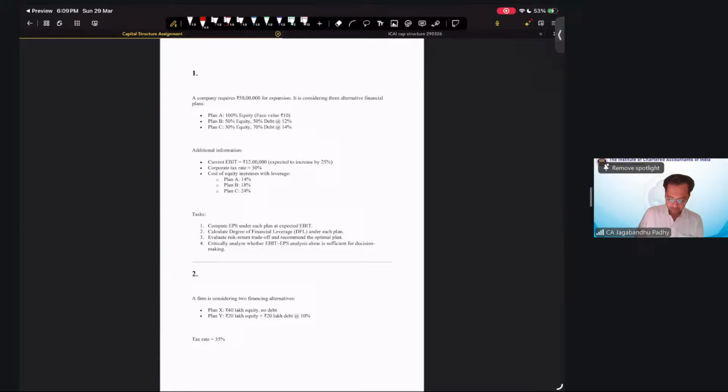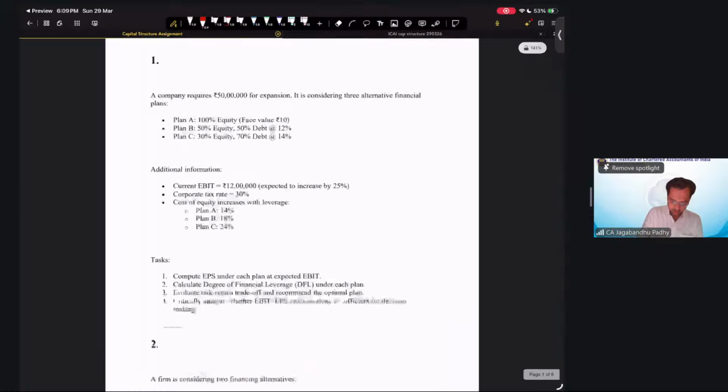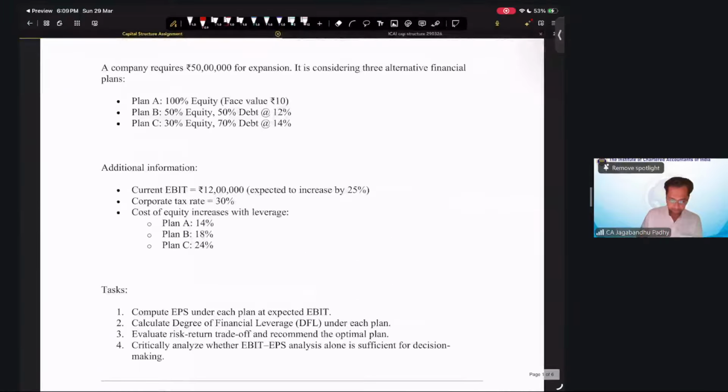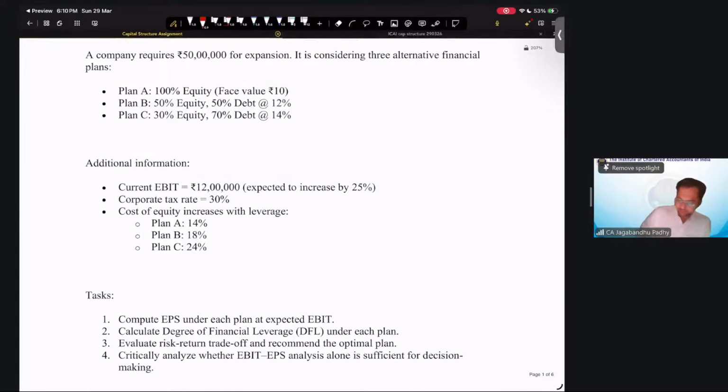Okay, fine. Now this is question number one. A company requires 50 lakh for expansion. It is considering three alternative financial plans.